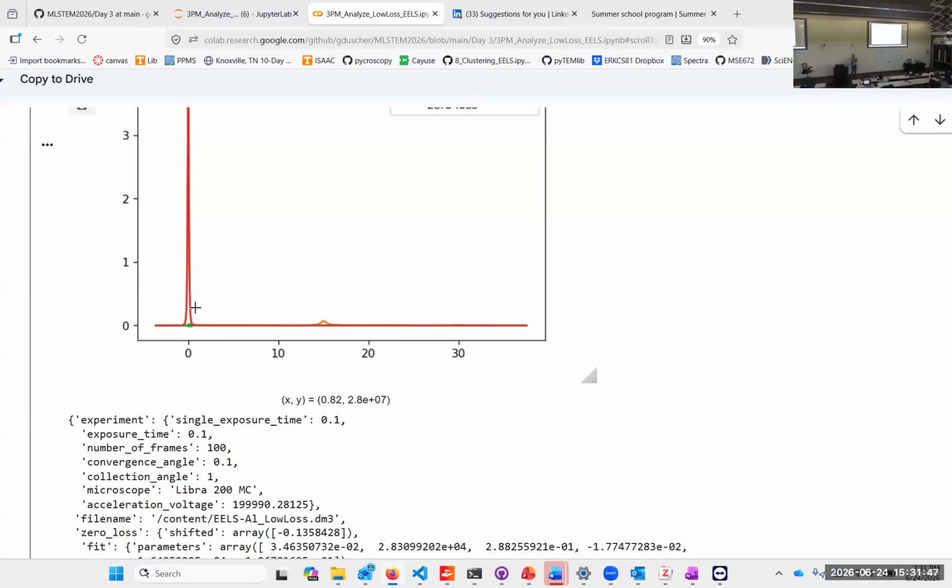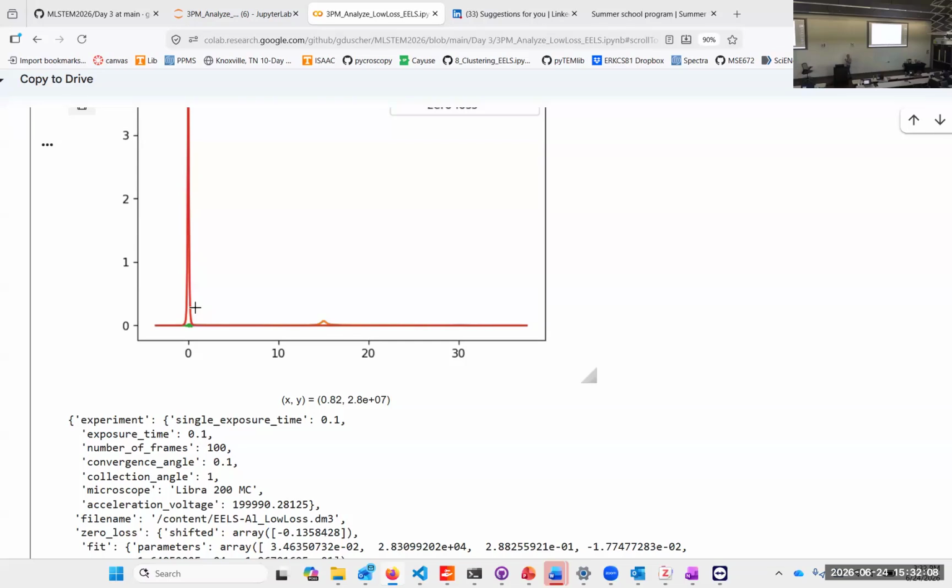But now we have actually the single scattering plasmon, which tells us something about our valence electrons, but it's not really too informative. It is a little bit informative in terms of, it is a materials parameter.